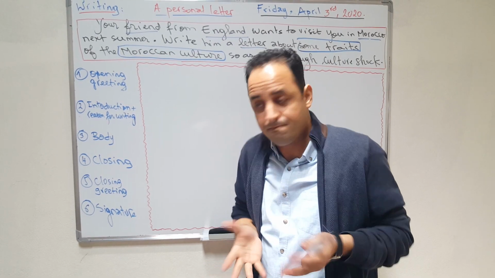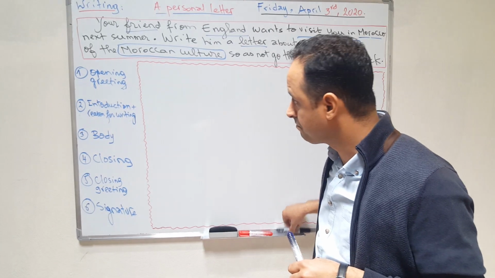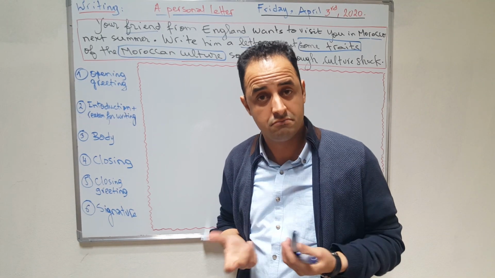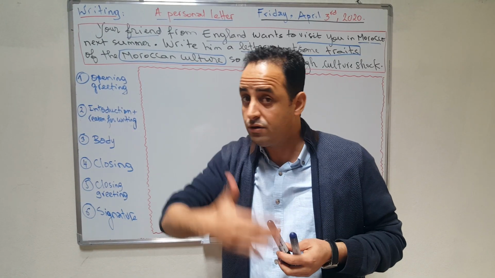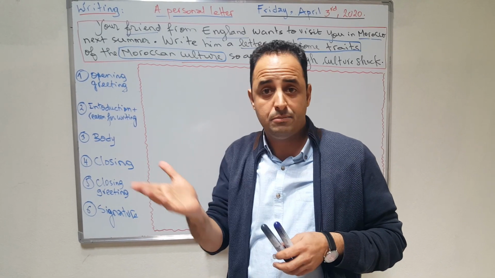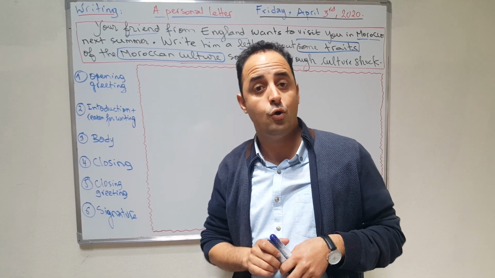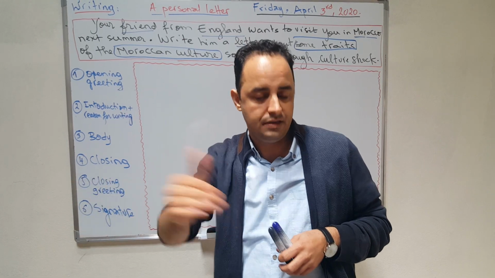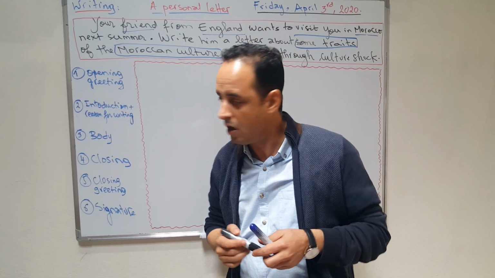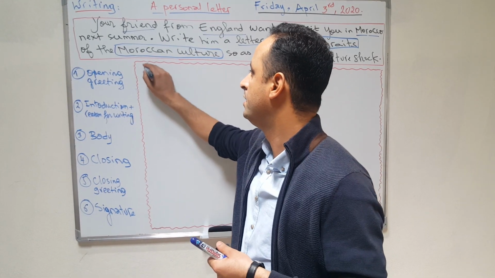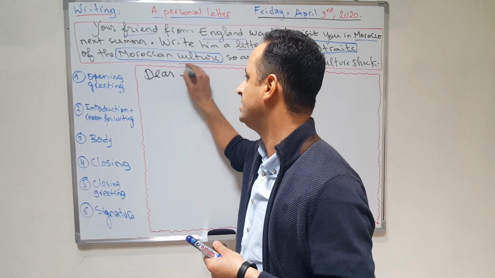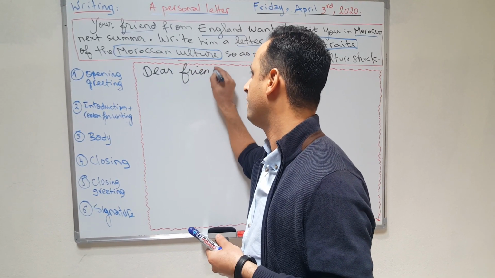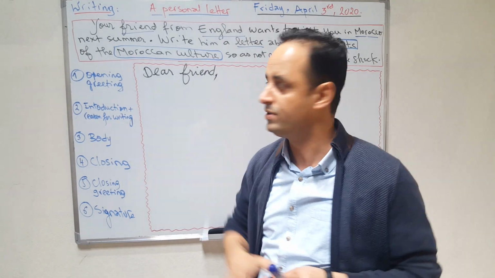You say, for example, hi friend, or dear friend, or simply hi there, or dear Alex. His name is Alex. Dear Linda, in case of a female friend. Okay. Or let's, for example, dear friend. So that's number 1.